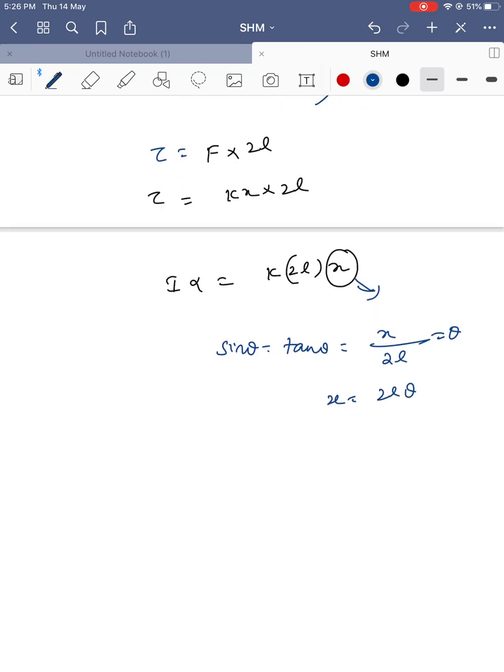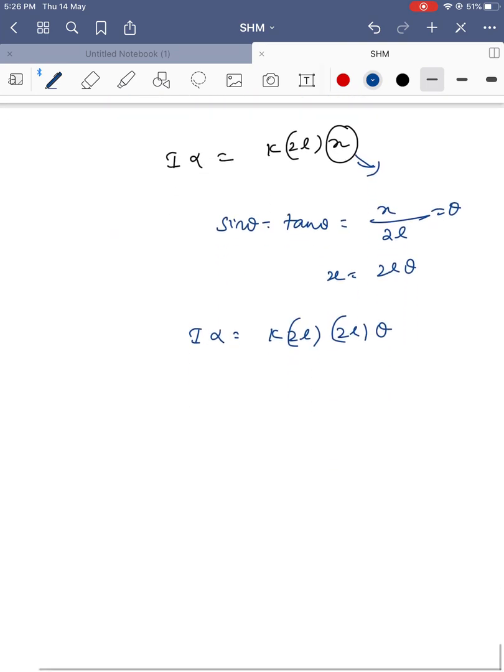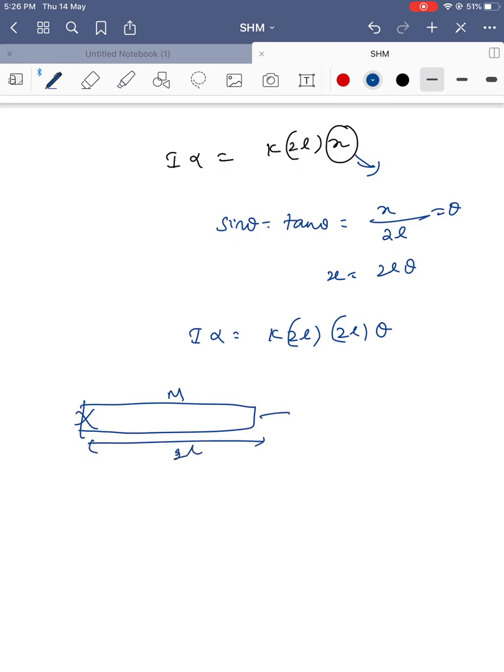Replace: I alpha is equal to K into 2L into X, which is nothing but 2L into theta. What is the I value of the rod? Now we should consider I. The rod is rotating about the end, mass m, length 2L. What is the moment of inertia about the end? It is m l square by 3, and the length is 2L, so m into 2L square by 3.